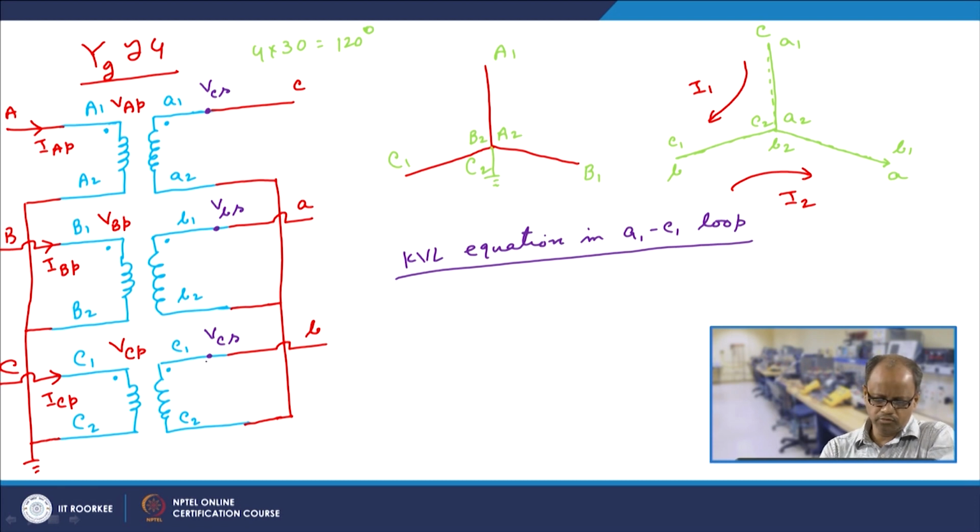So what we are doing, we are actually writing down the loop equation in C1, C2. We started from C1 through C2, go to A2, then A1, and then come back to C1. So this is the loop, or A1, A2, C2, C1, come back.